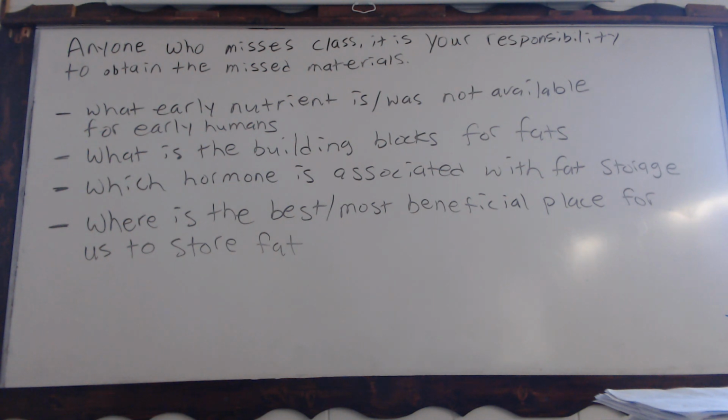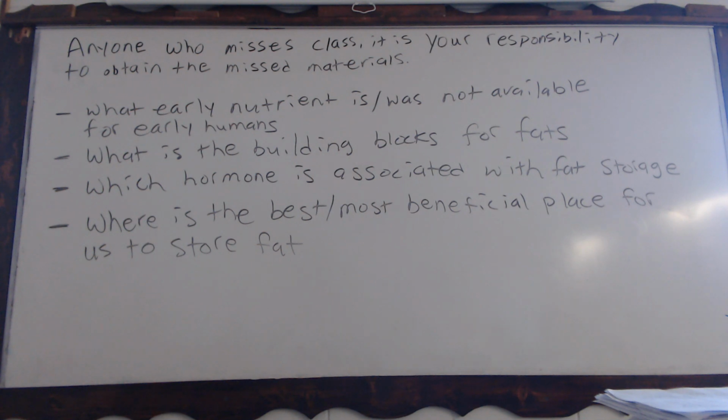Okay, so some other things to know. Some big ticket items: what are the building blocks for components like proteins? What makes proteins? That's amino acids. What makes up fats? Lipids make up fats. What makes up carbohydrates?